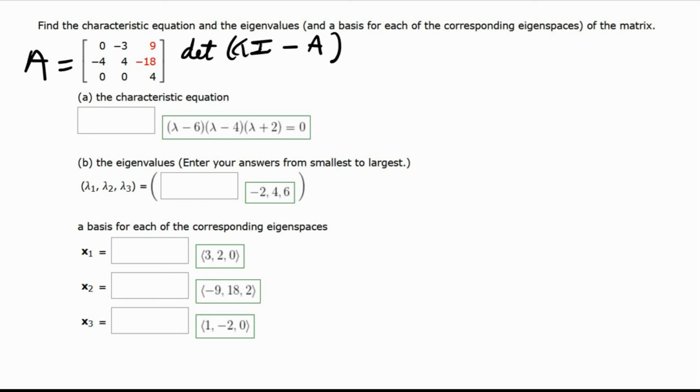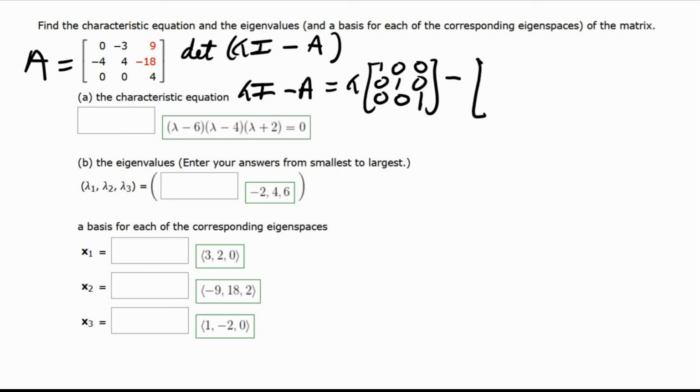So first, let's just write it out. We have lambda times the identity minus A. The identity matrix is matched up with the size of the matrix A. So we have lambda times the matrix with rows 1 0 0, 0 1 0, 0 0 1, and then minus the matrix A, which has rows 0, negative 3, 9; negative 4, 4, negative 18; 0, 0, and 4.